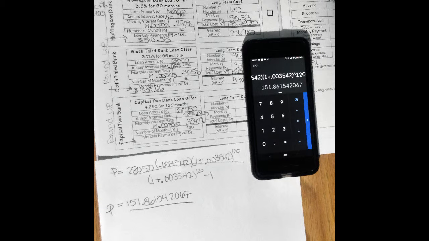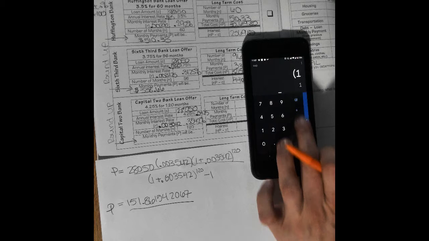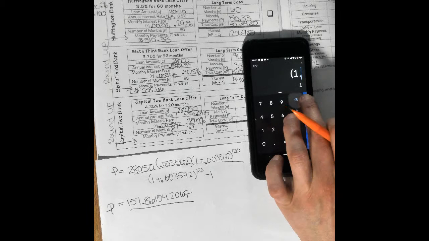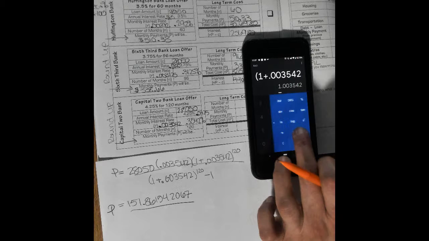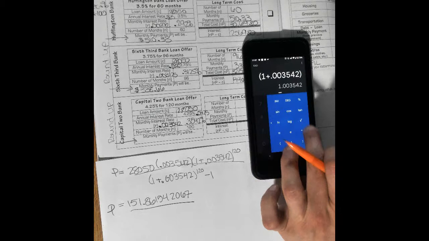Type in my denominator. That same magical decimal, 542. 1 plus 0.003542. If you saw what I had typed in before, you would have seen that it's the same thing, but I want to make sure I stick with what's written on my paper.